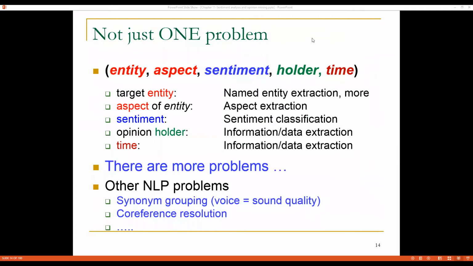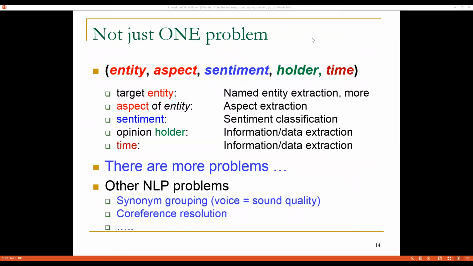So it's not just one problem with figuring out what the entity, aspect, sentiment, holder, and the time is. There are more problems, because the entity and aspect aren't necessarily referred to with the same words.